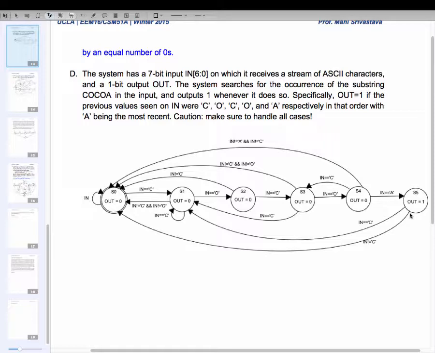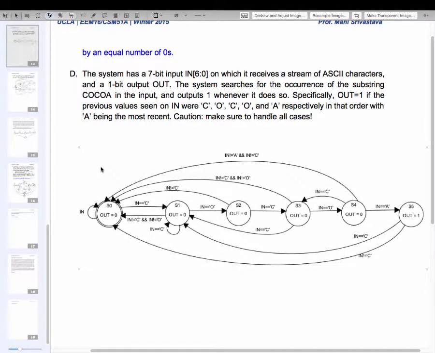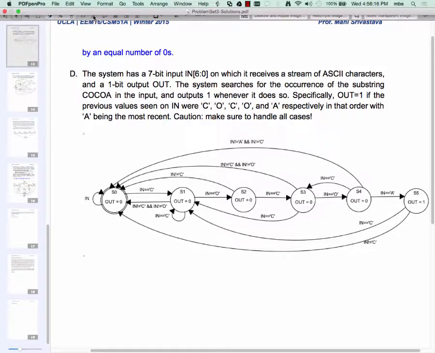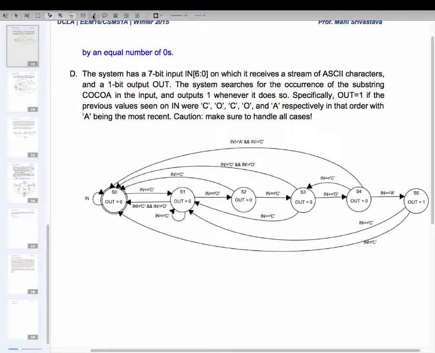But if I'm not seeing C, this should really say self. So as long as I'm not seeing a C, I stay put. The moment I see a C, I go out here.